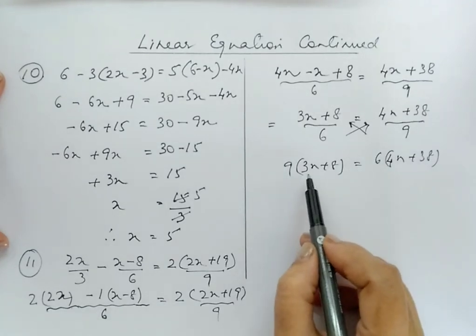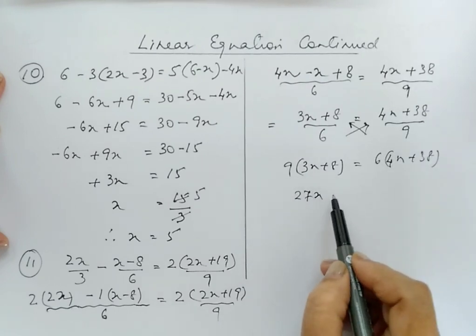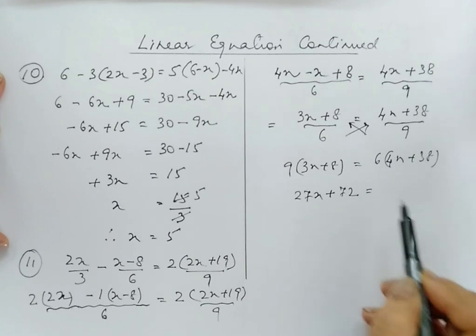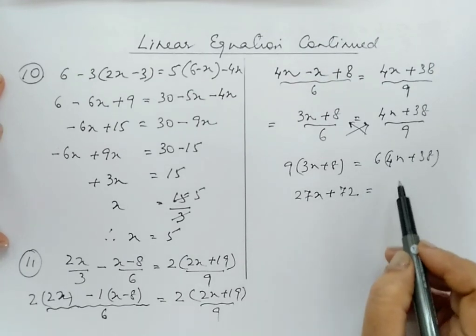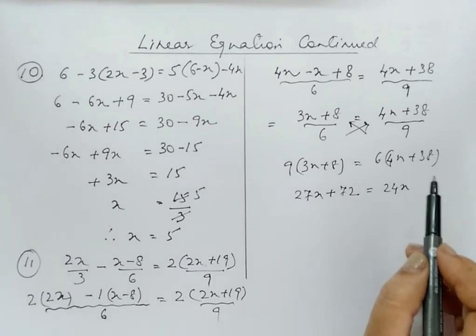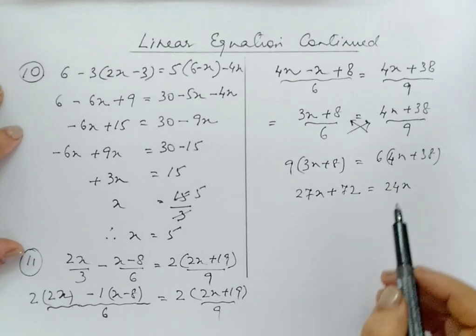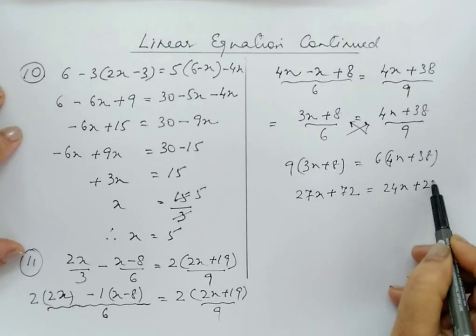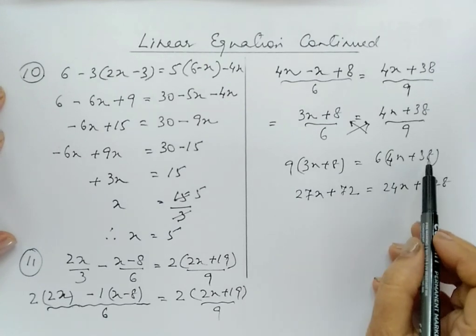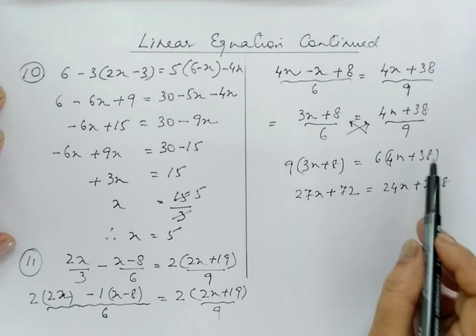So 9 into 3 is 27x, and 9 into 8 is 72. 6 into 4 is 24x, and 6 into 38 is plus 228. So 6 8s are 48, and 6 3s are 18, 19, 20, 21, 22.